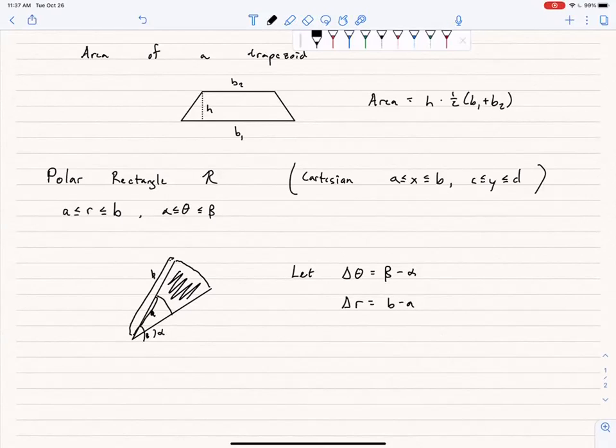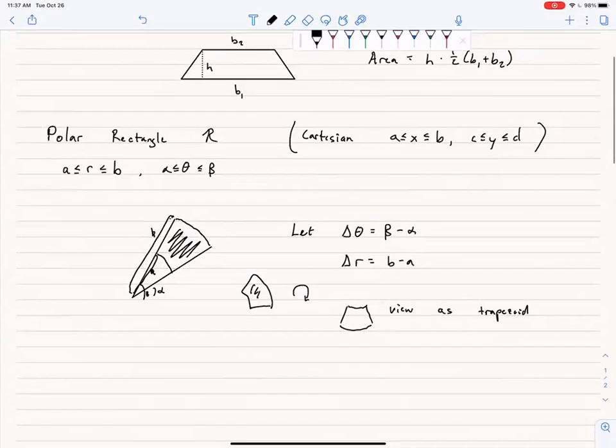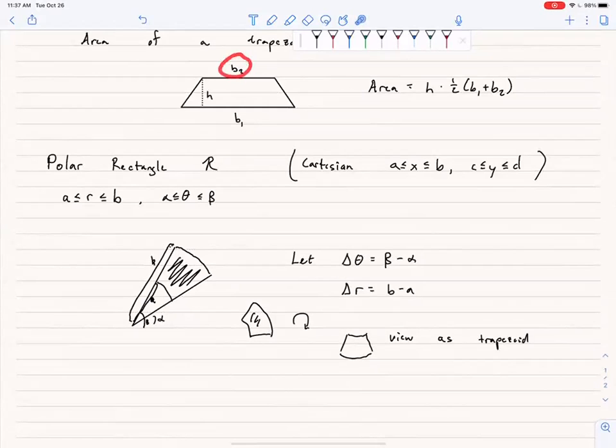What I want to do is take this picture I have of this sector and rotate it and see this as a trapezoid. Consider this as a trapezoid. Then I can certainly estimate B1 and B2, because there's a simple formula for this length here.